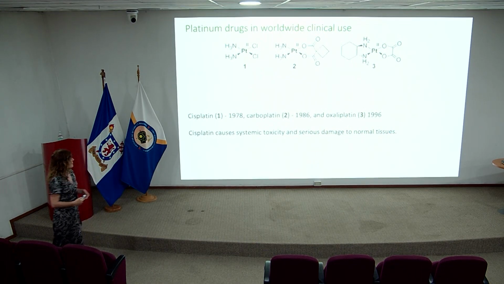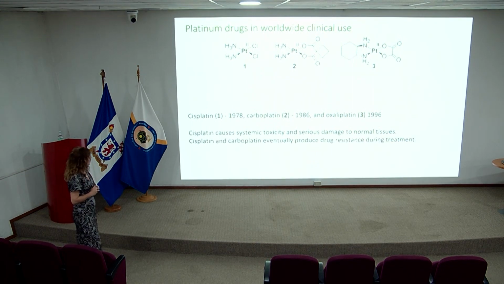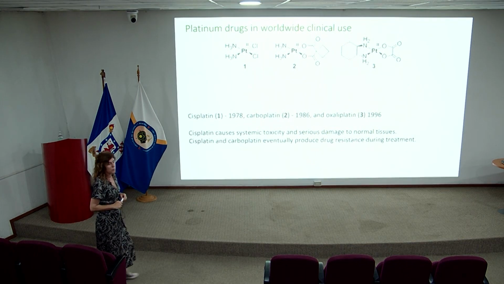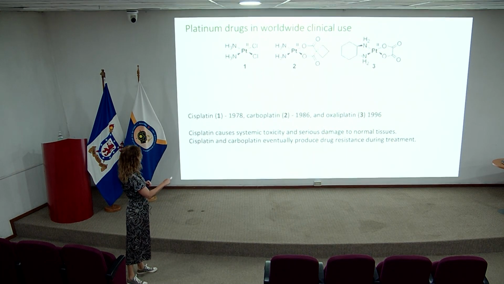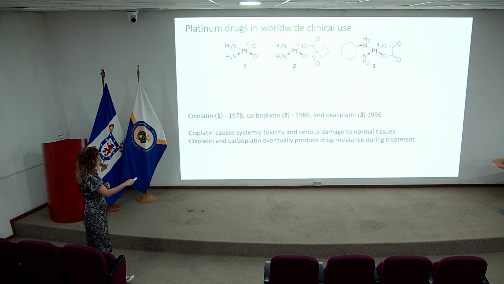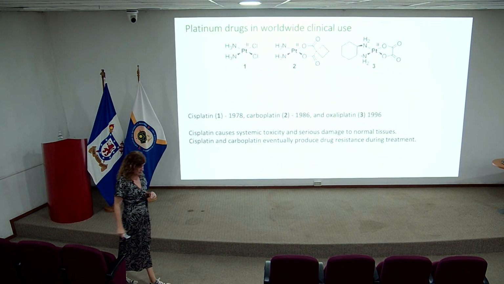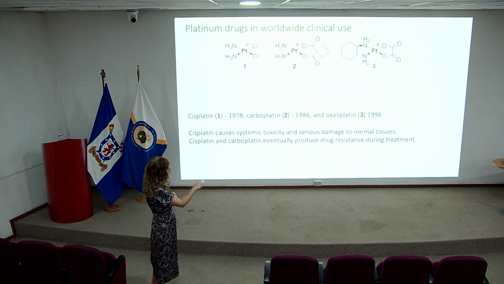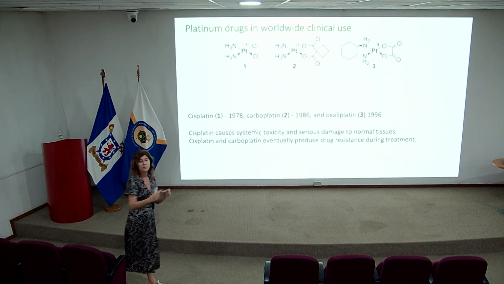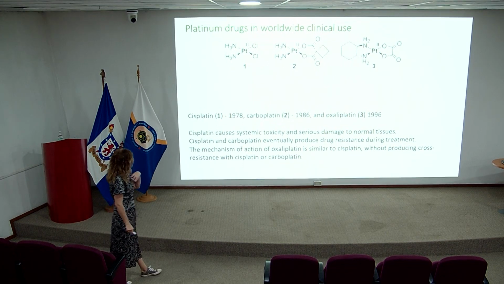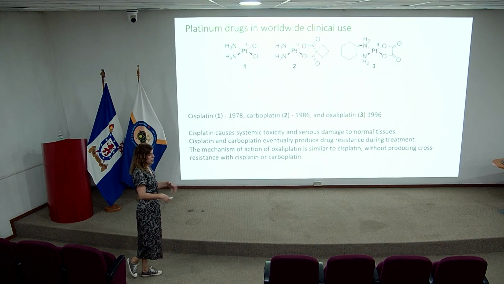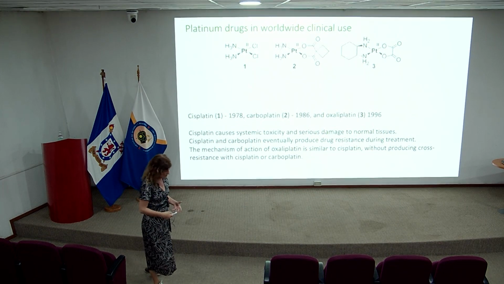So people started to invest a lot of time in this field, and the second generation is carboplatin. So instead of having chlorides here, we have this ligand which contains cyclobutane and 2 carboxylic acids, and so it's a chelate, so it's more stable. This means that this compound has a lower aquation rate.